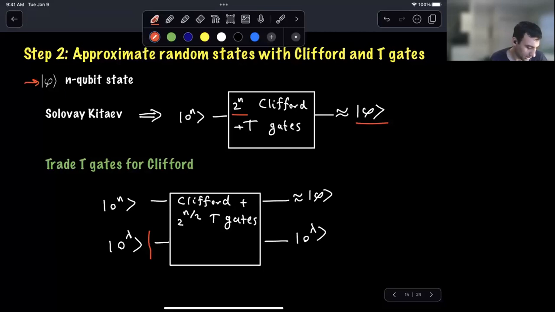The output of this circuit is very close to your random state, and the ancilla qubits are clean, that is, at the end of the circuit they are in the 0 state. So you are increasing the number of Clifford gates by a very large factor, but you are decreasing the number of T-gates in your circuit a lot.